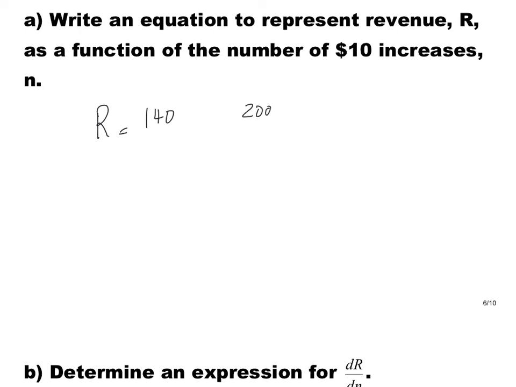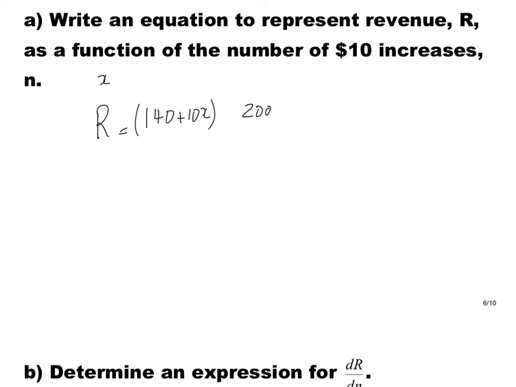Let x represent the number of increases of $10. So the price instead of 140 is going to become 10x plus 140. Again, x represents the number of increases of $10. So if x is 0, meaning there is no increase, then the price is 140 as we had before.